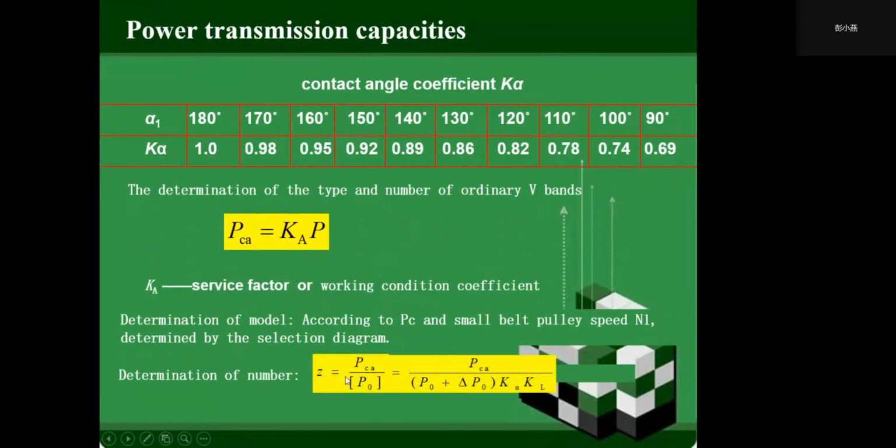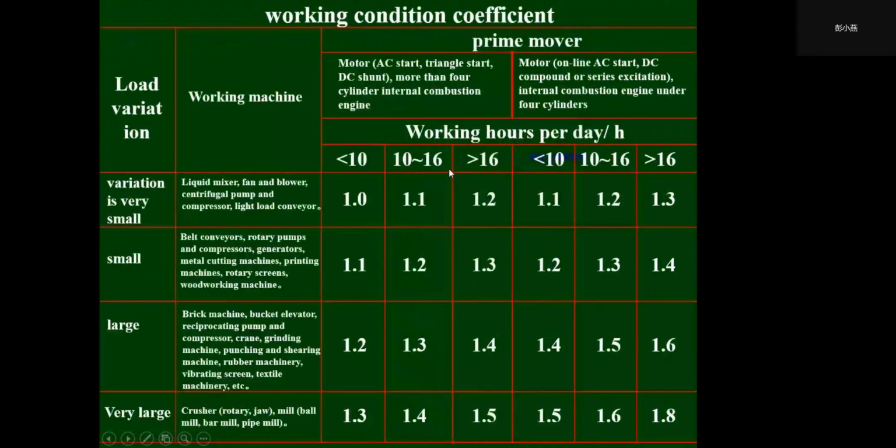For the determination of the number of belts Z, we can use this to calculate. P is the calculated power. For the allowable power, we use the actual power P0 plus delta P0, and then times K alpha times KL to calculate the Z.